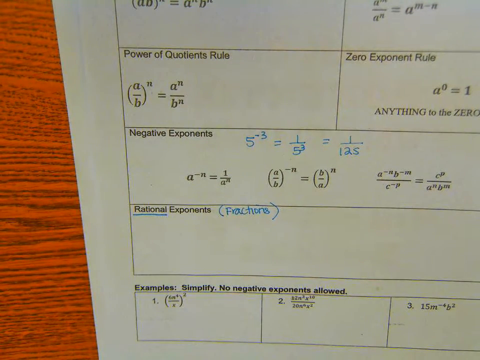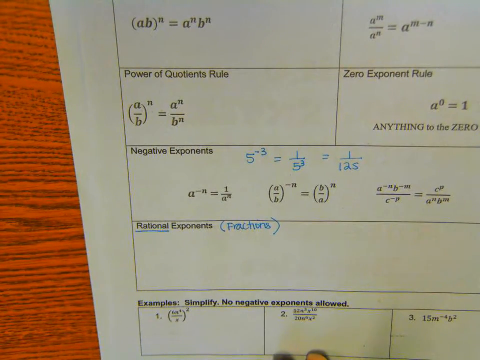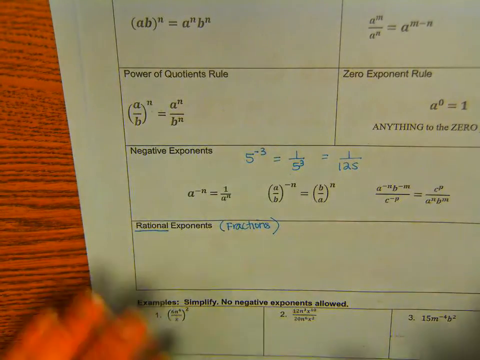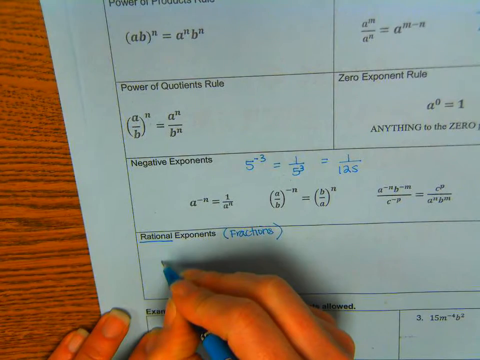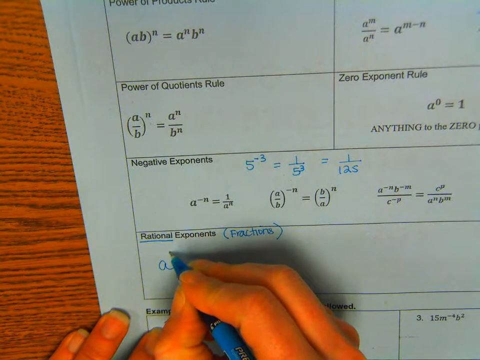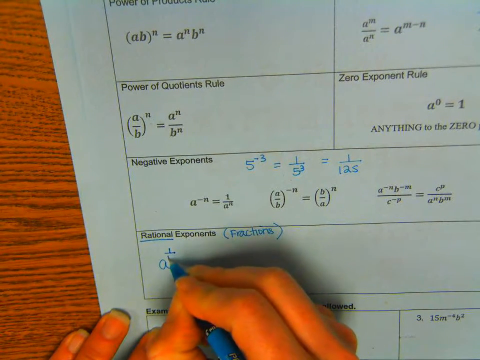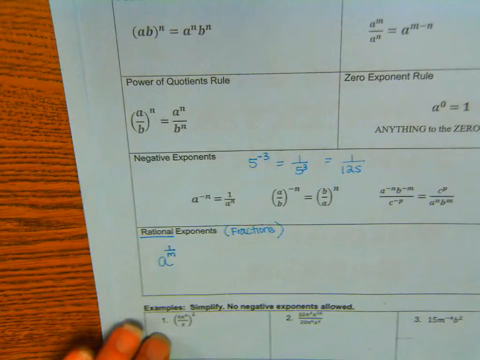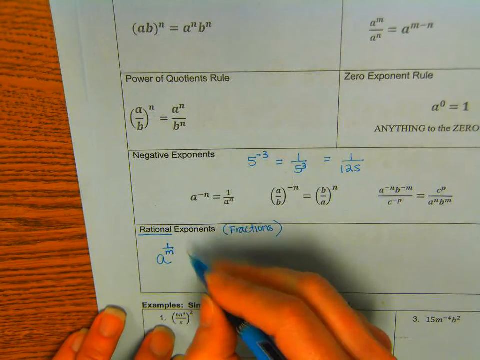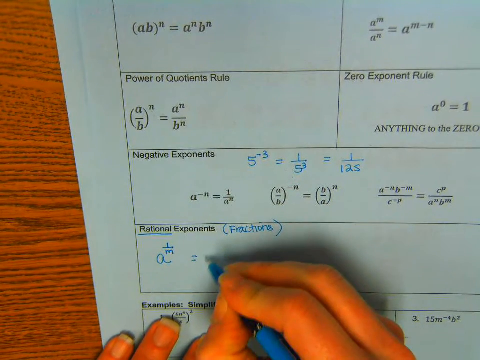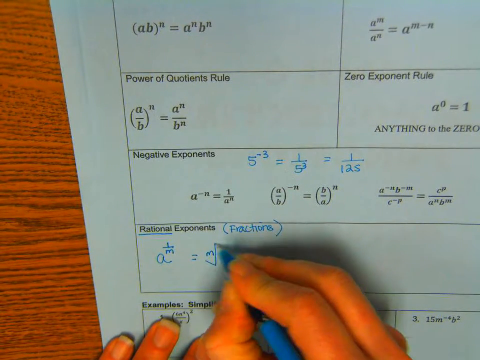Let me give you an example. If I have a to the 1 divided by n power, that's a fraction, right? 1 over n. I would rewrite that as the nth root of a. And so let me give you an example with a number.